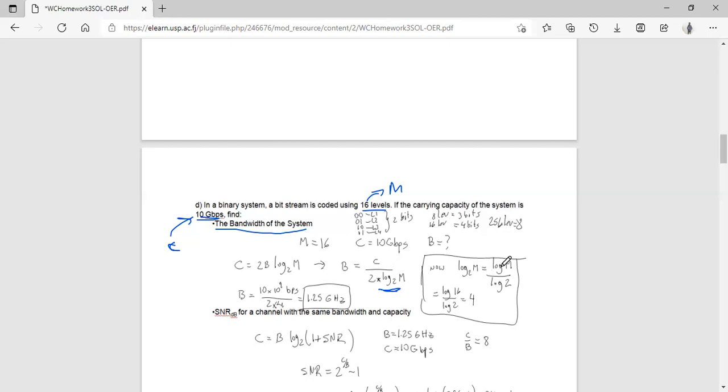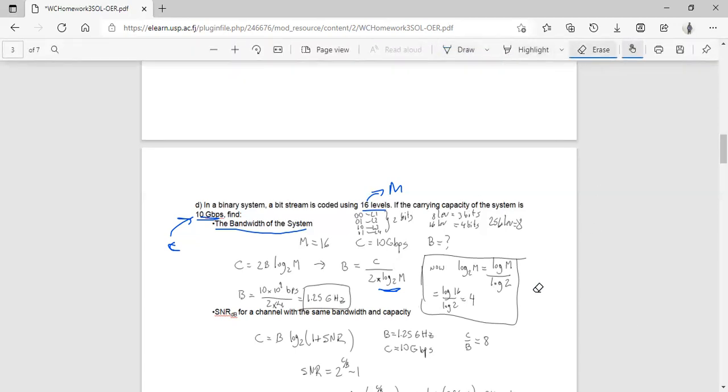is equivalent to log of M upon log 2, right? Go back to your logarithmic properties. Let me quickly write the theorem. Some of the logarithmic properties are: a to the power of b is equivalent to c.